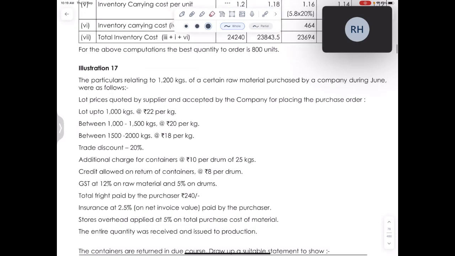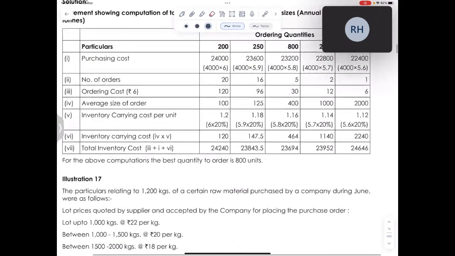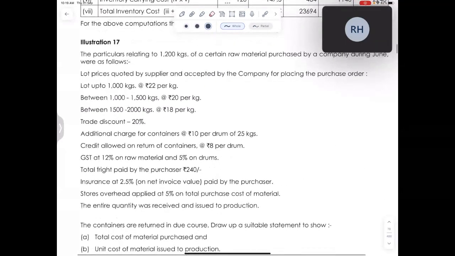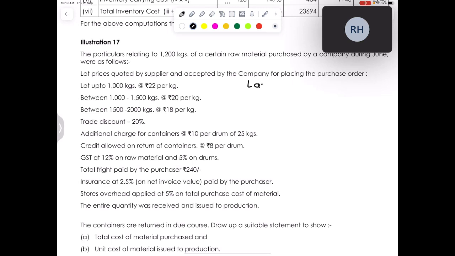Now this is a question related to, in other words, landed cost of raw material.